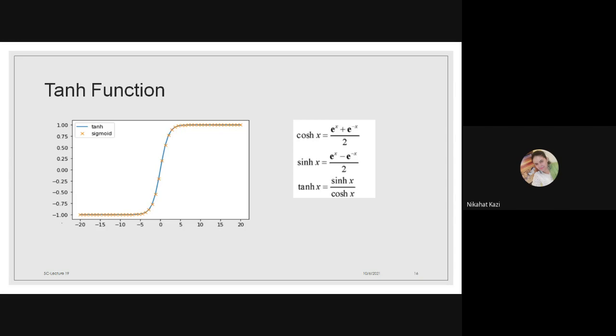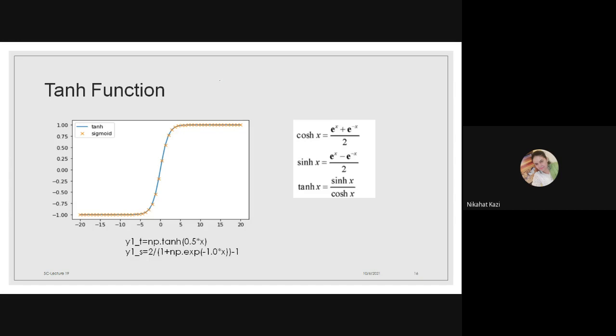So what is the relationship between tanh and the sigmoid function? Which sigmoid function is this, by the way? You should understand by looking at the graph. It's bipolar. So tanh is a bipolar function, sigmoid also bipolar. The sigmoid function is actually tanh of x by 2.